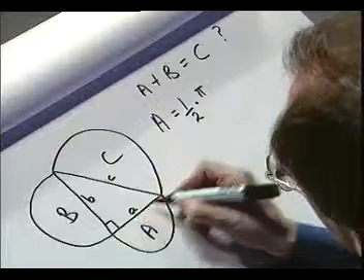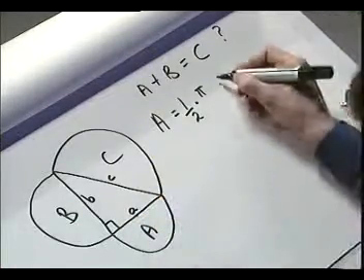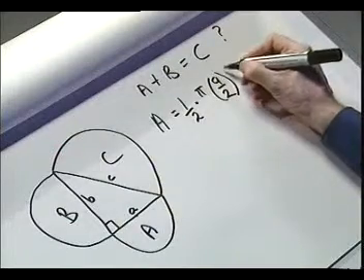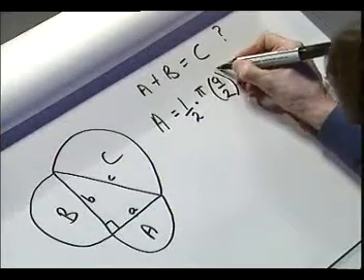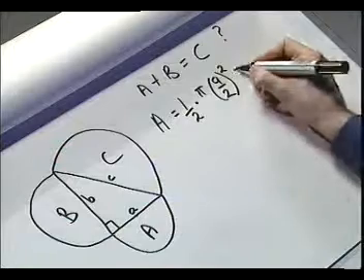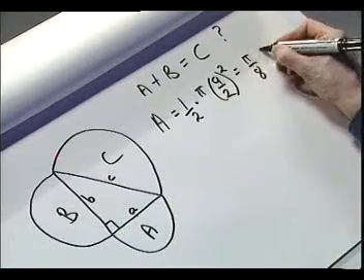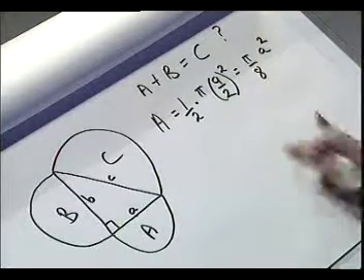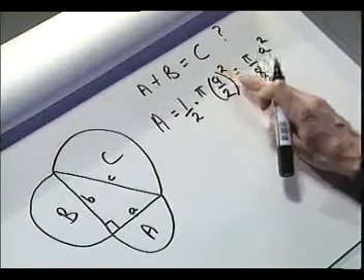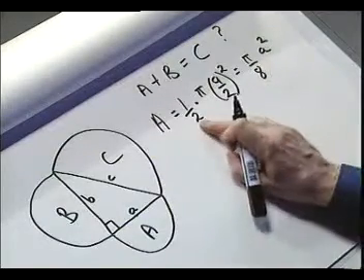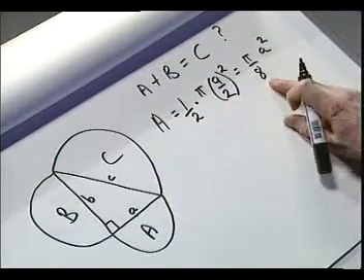Now the diameter of the circle is a, so the radius is a over 2. So that's pi times a over 2 squared. And if we work that out, that's pi over 8 a squared. A over 2 all squared is a squared over 4. That's where the a squared comes from. And the 2 times by the 4 gives us the 8.